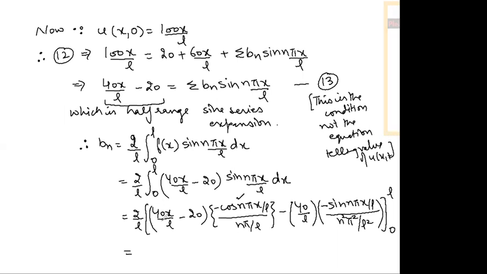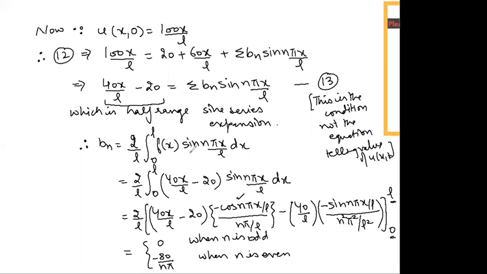The only thing is you have to put x equal to L for the upper limit, and for the lower limit put 0. If you have any problem in solving this, I will take it in the problem session. The answer will come out to be 0 when n is odd, and minus 80 upon n pi when n is even.